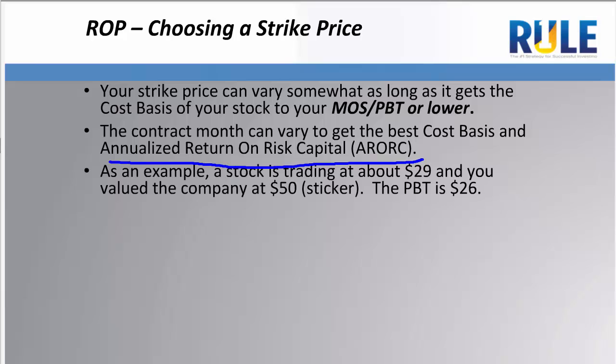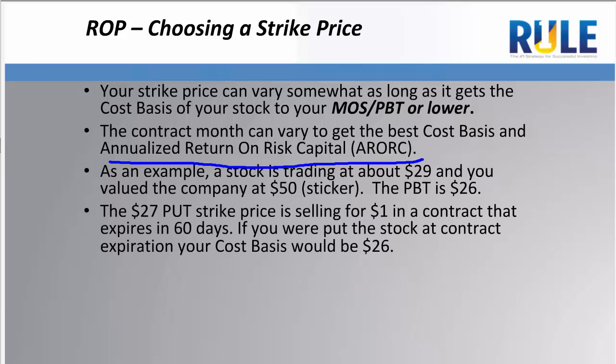Okay, an example of this real quick: the stock's trading at 29 bucks. You're happy to own it around 25, 26, because your valuation tells you it's worth 50 bucks or more. So what can you do? Well, you can't really buy the stock at 29 because it's not down to where you really want to own it, which is half off.